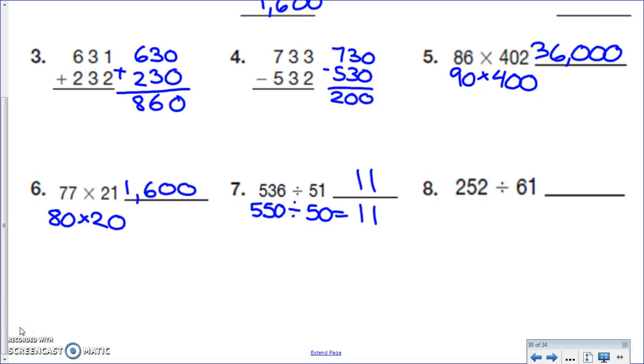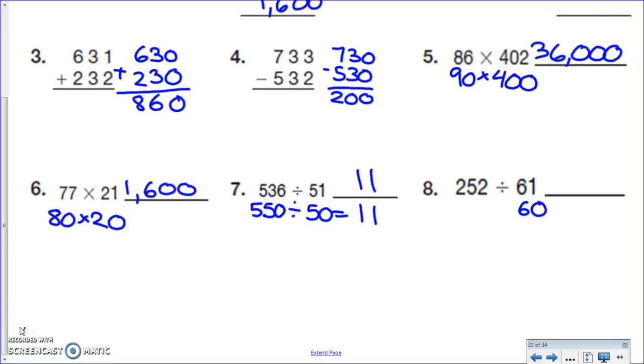For number 8, we have 252 divided by 61, so the first thing we're going to do is round off the 61 to 60. Then we're going to look at what's closest to 252 that 60 would go into.